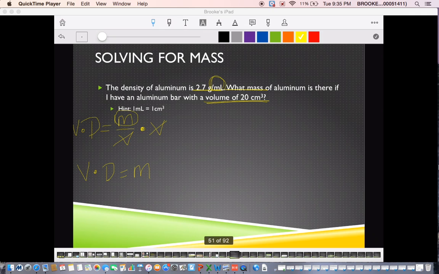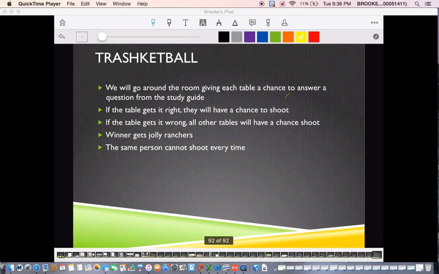But our volume is given to us in centimeters cubed. But don't worry, because if you come down here to our hint, it tells us that 1 milliliter is exactly equal to 1 centimeter cubed. So we can use those units interchangeably.